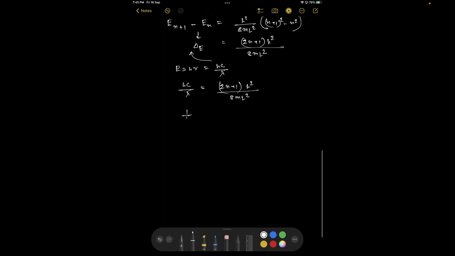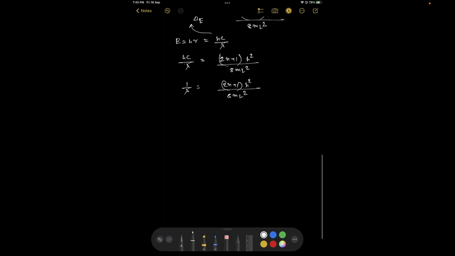So 1 upon lambda equal to (2n+1) h square by 8m L square, divided by hc. So lambda will become 8m L square times c divided by (2n+1) h, right?